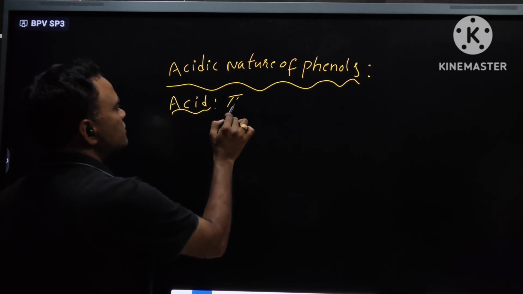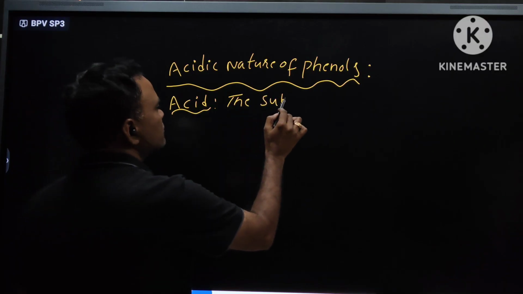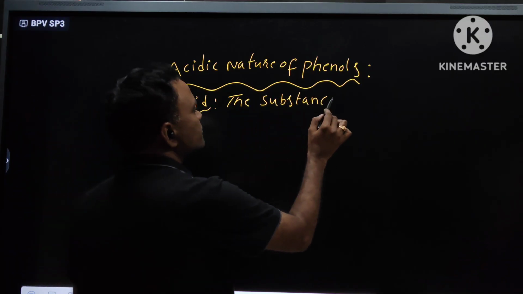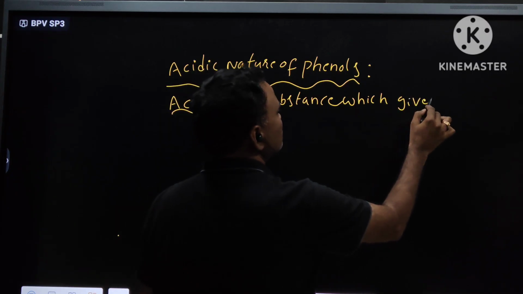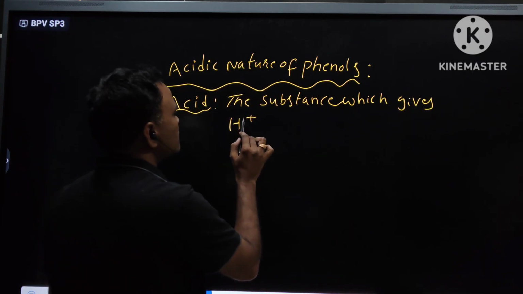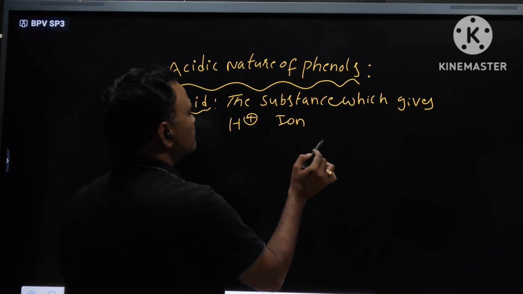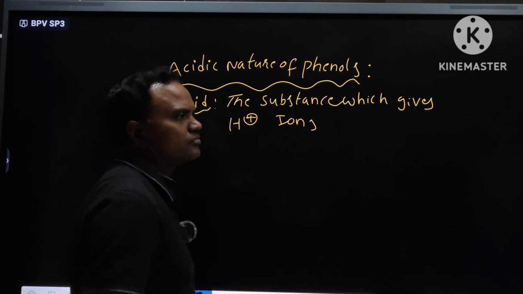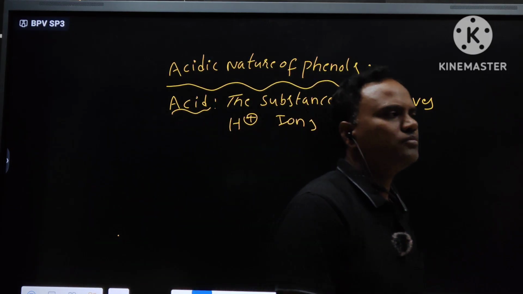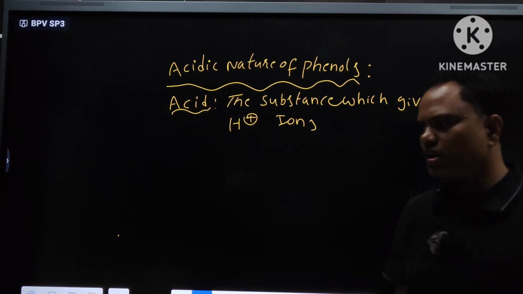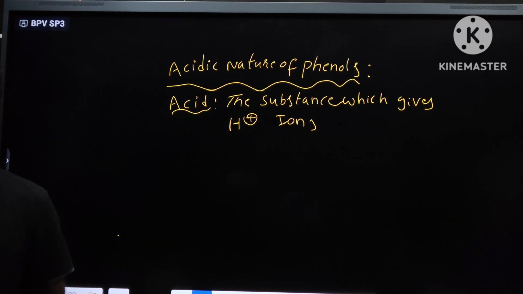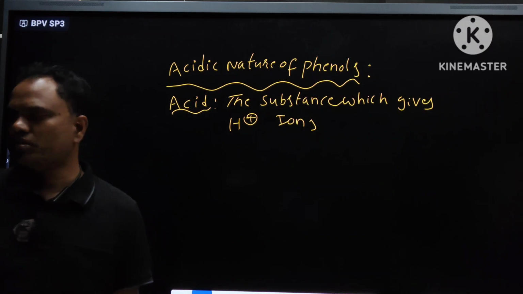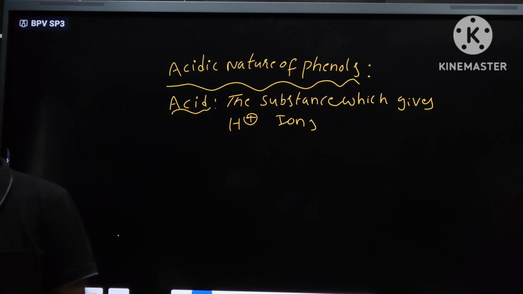The substance which gives H plus ions in water. This is the first year ionic equilibrium definition. Arrhenius theory, Bronsted theory, Lewis theory. So many theories are there to explain acidic nature.